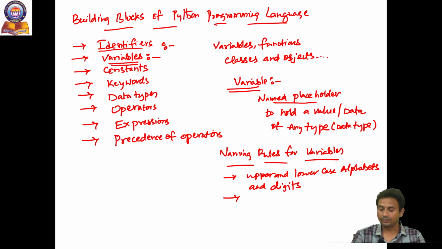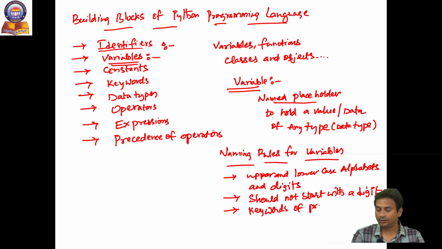And a variable name should not start with a digit. And a very, very important rule: the keywords of a programming language cannot be used as variable names.